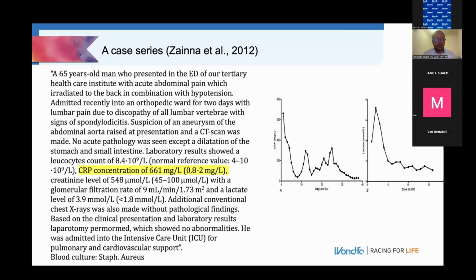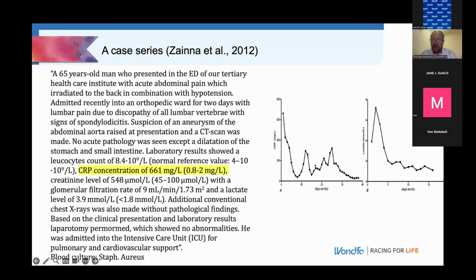Surprisingly, blood culture revealed Staph aureus. So this was a septic shock with unidentified focus from that presentation. And you can see right after treatment, almost 4 days, this is just the CRP as well as the lactate curve.